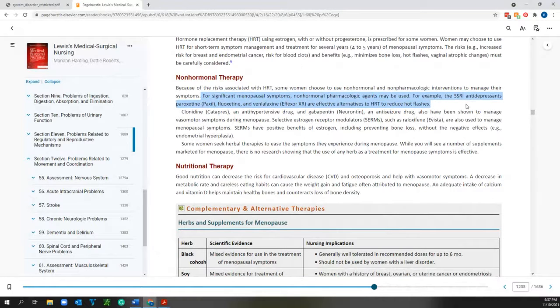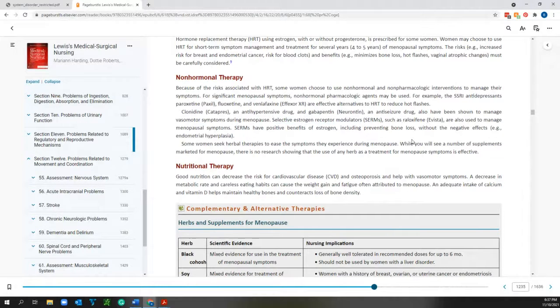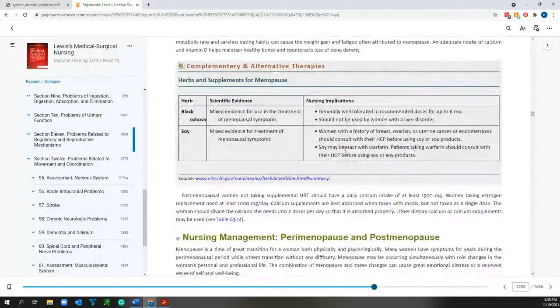So SSRIs, we have clonidine, which like I said is an antihypertensive drug, Neurontin, and selective estrogen receptor modulators, such as Evista, also manage symptoms. They have the benefit of estrogen without the negative effects of hormone replacement therapy. Does that answer your question, Jasper? Perfect. Thank you so much. No problem.